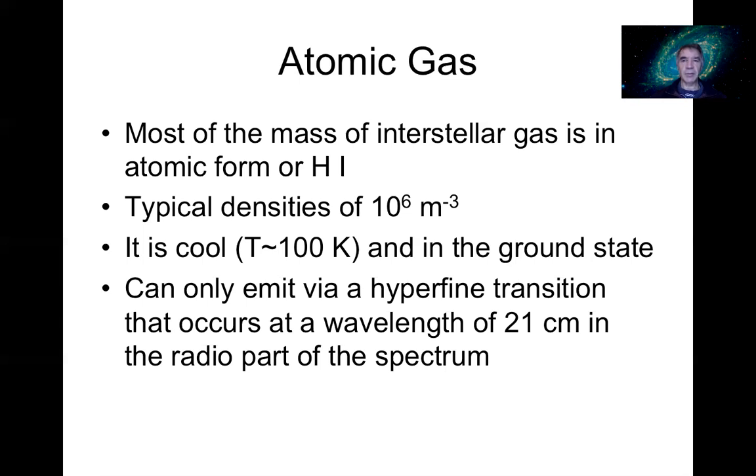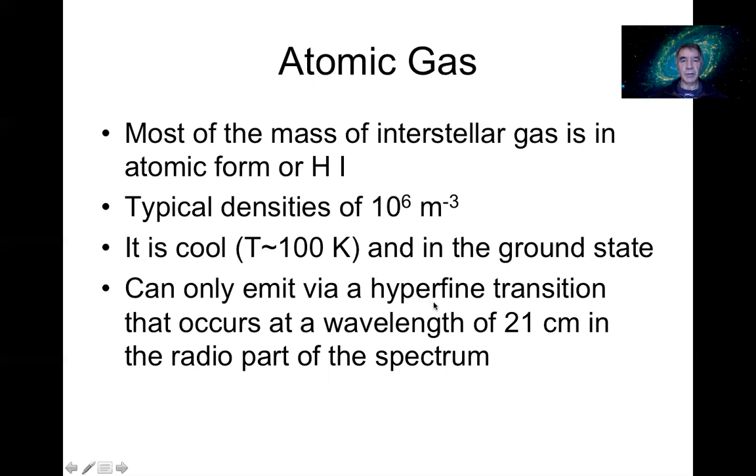Rather than just the electron orbiting the proton, giving rise to the typical n equals 1, 2, and 3, what are referred to as electronic transitions or energy levels, there are other energy levels as well.